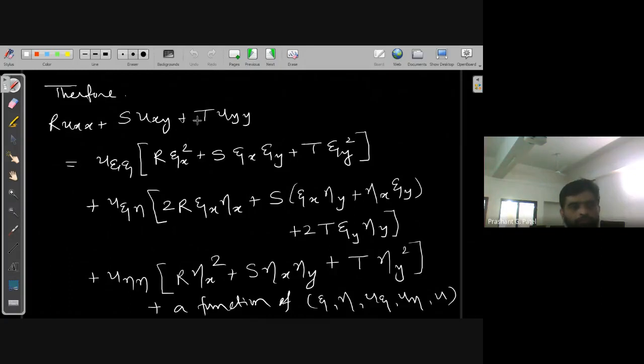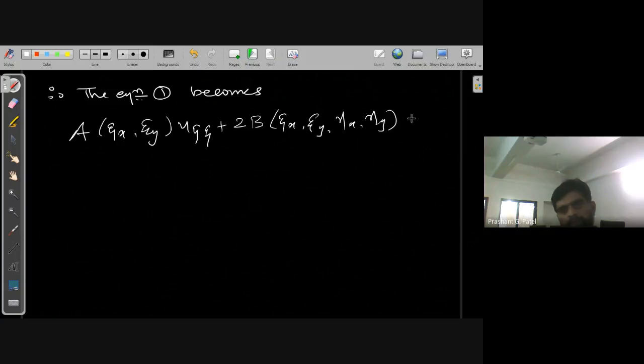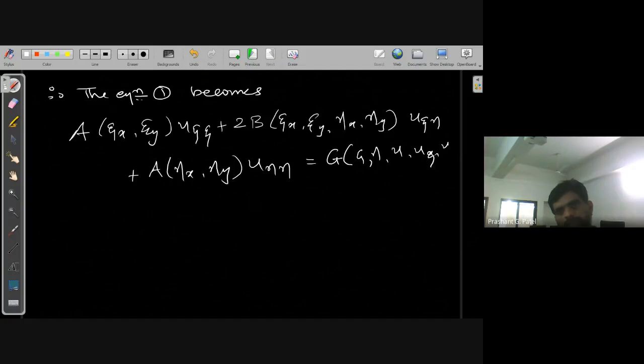Therefore, equation 1 becomes, by substituting this value, we'll have it as a of xi_x xi_y u_xi xi plus 2 times beta of xi_x xi_y eta_x eta_y u_xi eta plus, sorry, a of eta_x eta_y u_eta eta equal to some function g of xi, eta, u_xi and u_eta.